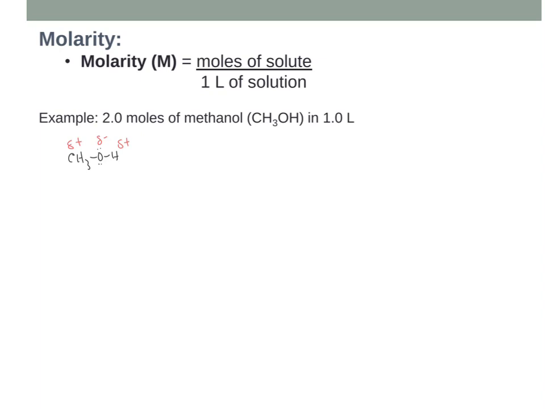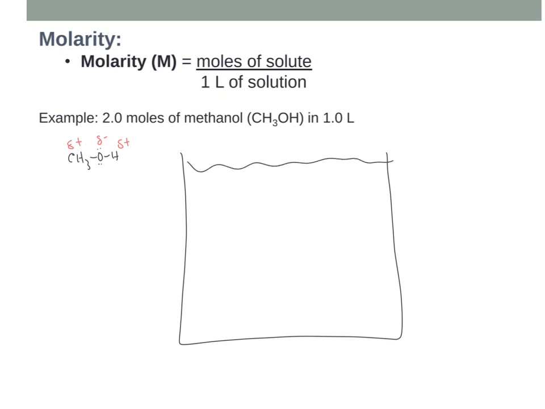And when we take methanol and we toss it in water, for example, we're mostly just looking at aqueous solutions here. When we take this methanol and we toss it into water, it doesn't break up. It stays the same thing. This is a covalent compound.